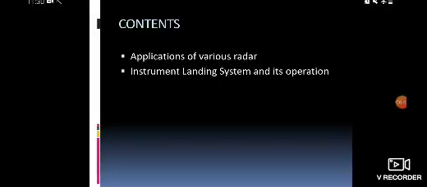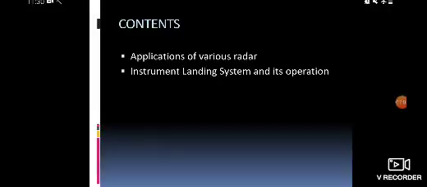It will have information about the atmosphere around, how far it is from the earth's curvature, and what the weather report is. That can be seen and notified by the instrument landing system.